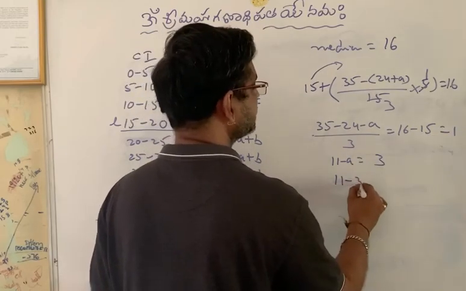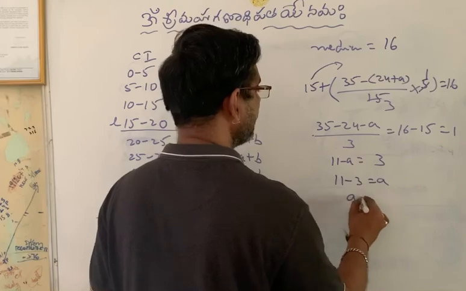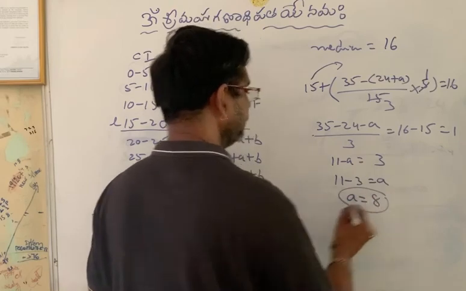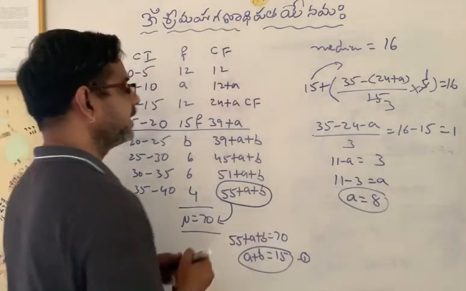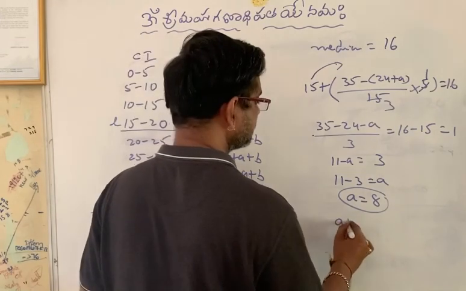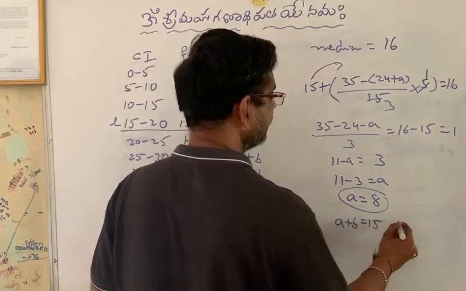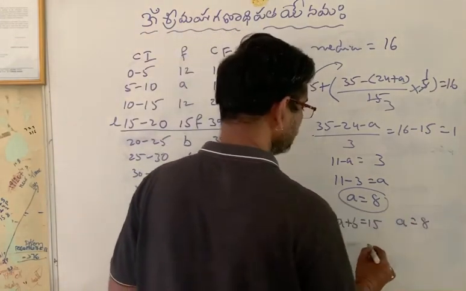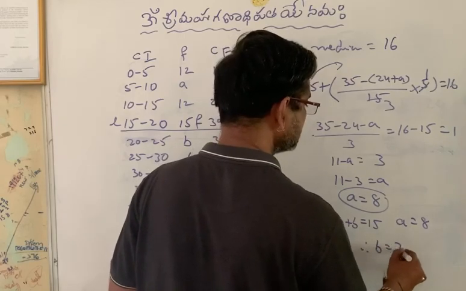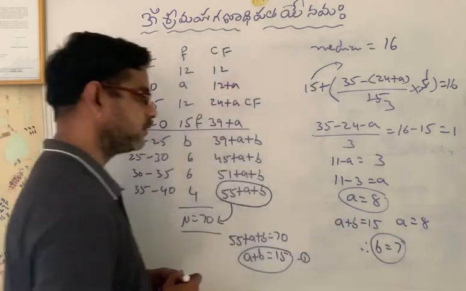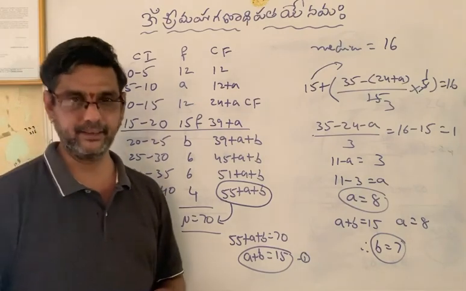Then 11 minus 3 is equal to A, A is 8. And we know A plus B is 15, in that A is 8, therefore B is 7. So A value 8, B value 7.